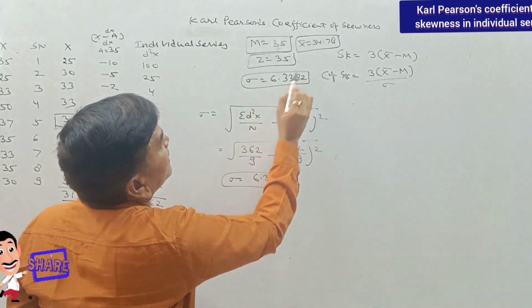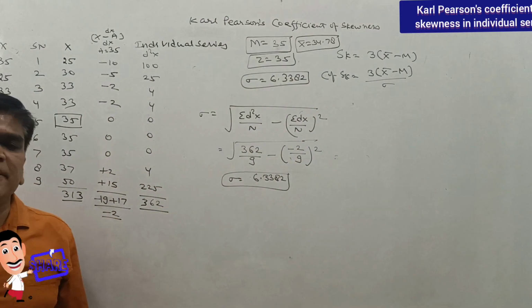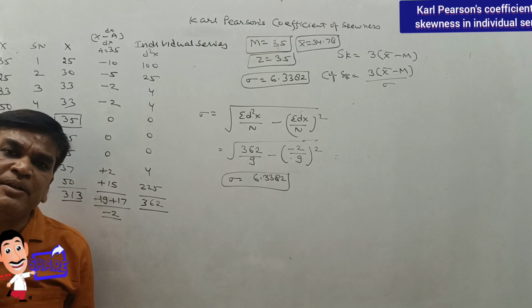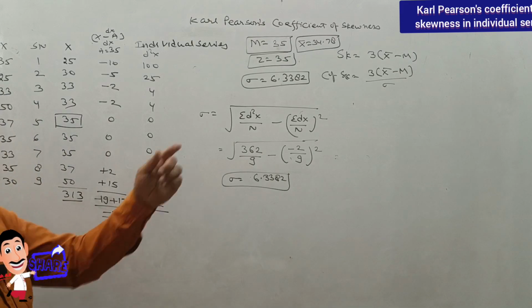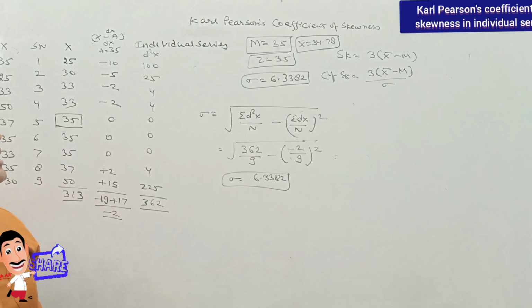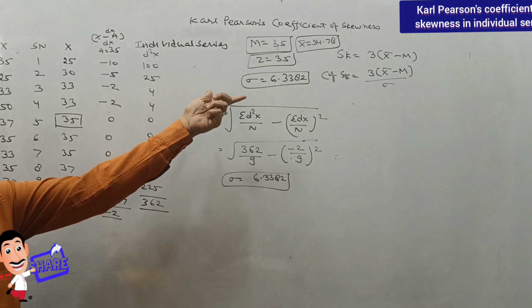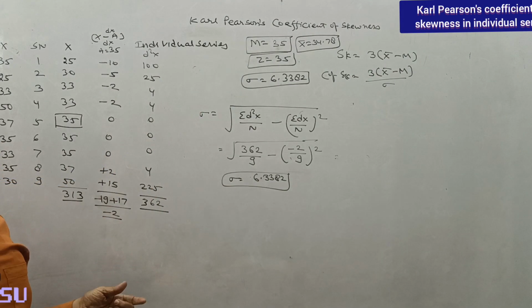So we have calculated all the values related to the Karl Pearson coefficient of skewness. Firstly, we calculated the value of median. Then we calculated the value of arithmetic mean and the value of mode. Then we calculated the value of standard deviation.